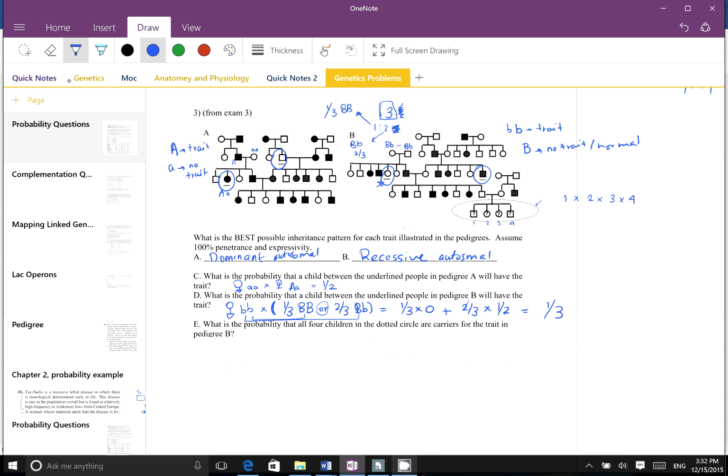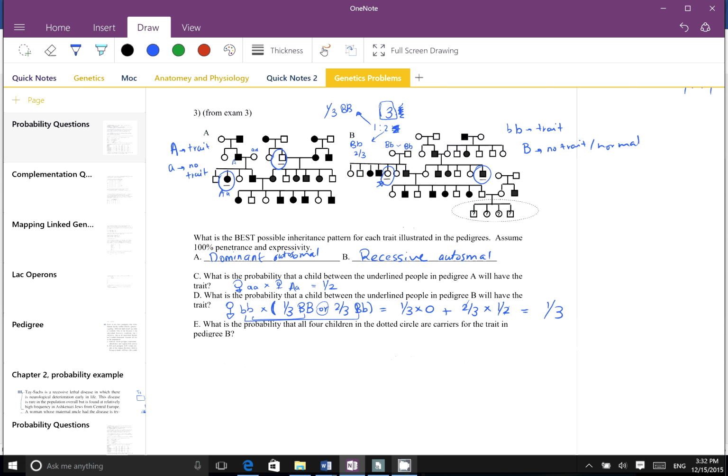So the probability for each child is the same. So the probability for this child is the same as the probability for this child, this child, this child, but we're going to multiply it. So what I need to do right now is just figure out the probability for one of them, which is going to be the same for the rest because we want them to be carriers.